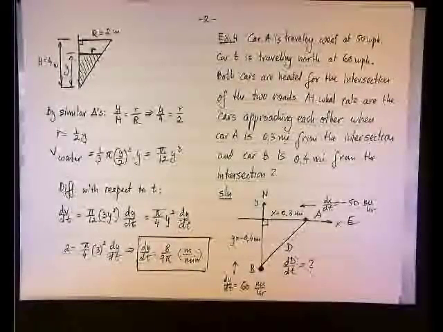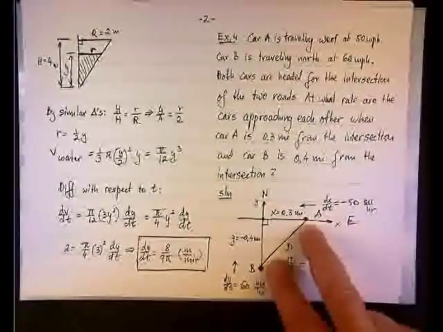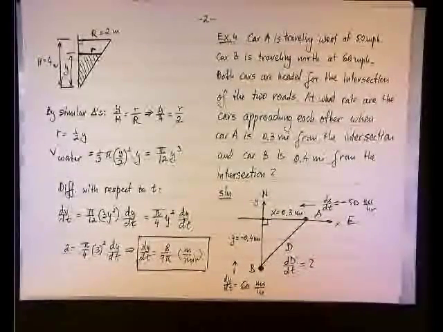You got half of it correct. But why can the answer 35 miles per hour not be correct? It has nothing to do with the size or the magnitude of the speed. It has to do with the sign. Since the distance is diminishing, the velocity has to be negative.